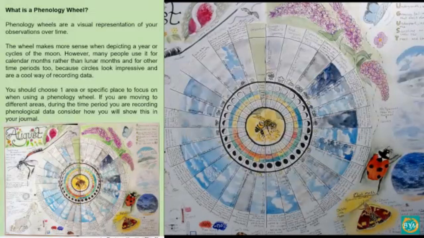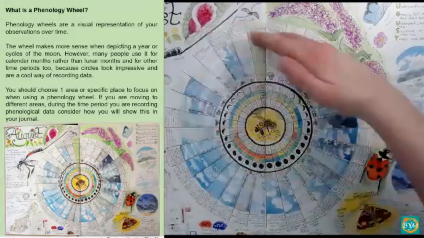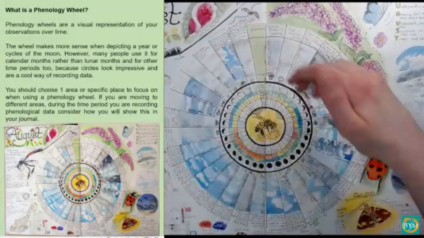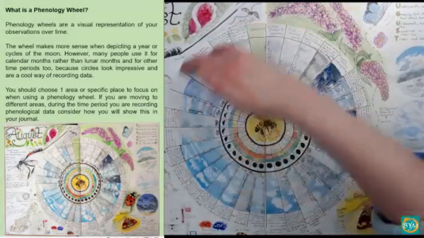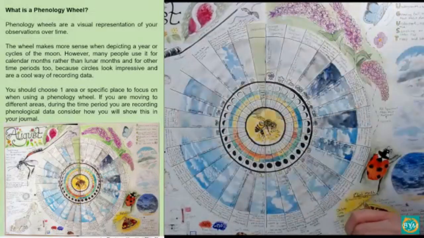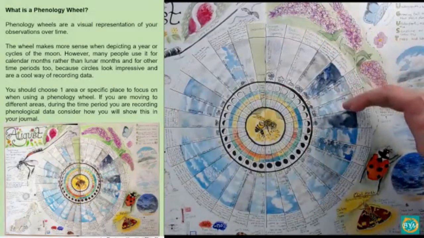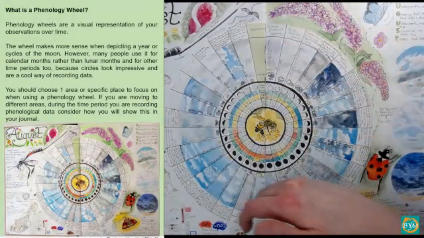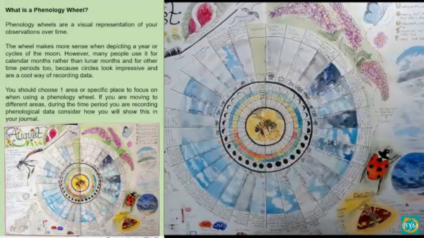So imagine that you've got a whole year on your page and you're going through, and years repeat and repeat and repeat. So it's a cycle basically. So you're going through winter, spring, summer, autumn.